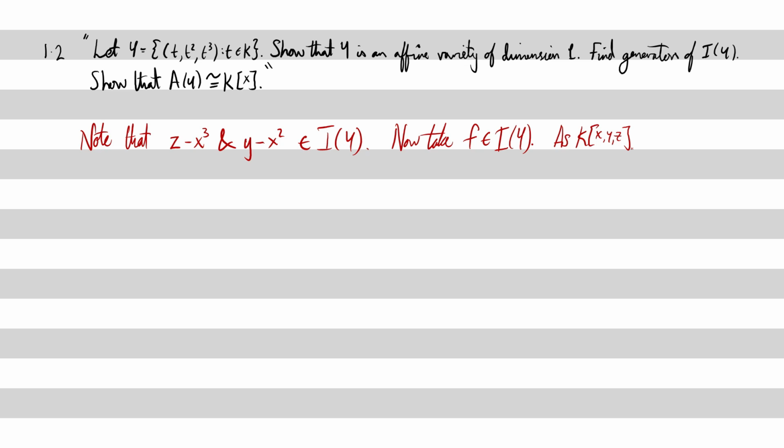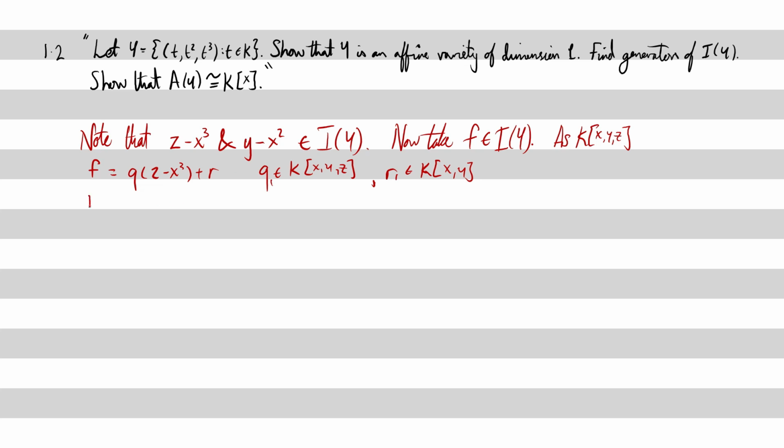So we can perform the Euclidean algorithm on it, with f equals q times (z minus x cubed) plus r, where q is in k[x, y, z] and r is in k[x, y]. Let's give these indices 1, because we're going to do that again with r.